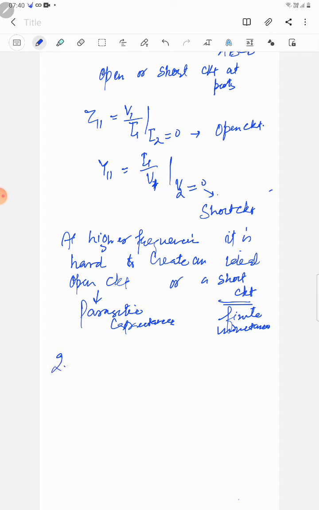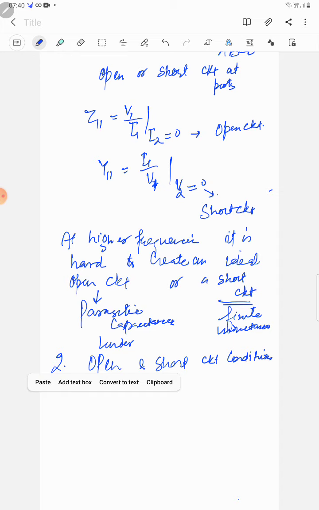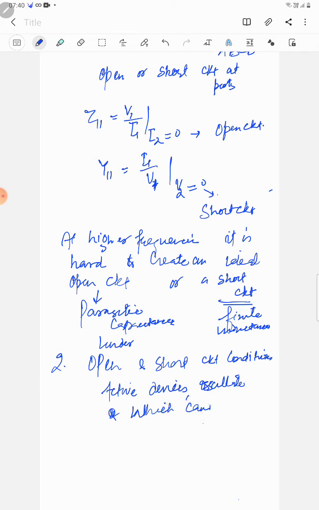Second reason would be, so far as open and short circuits are concerned, under open and short circuit conditions, many active devices would oscillate and can damage the device.